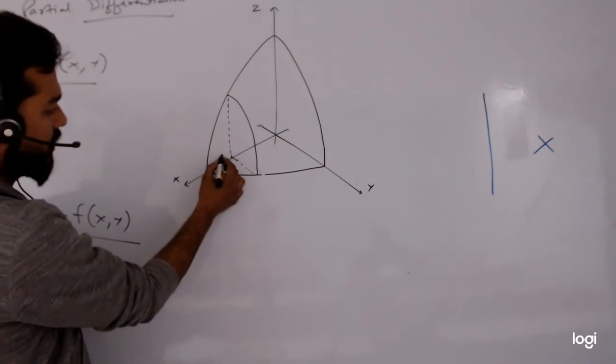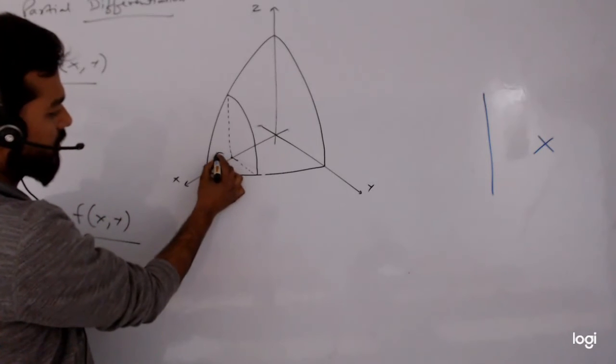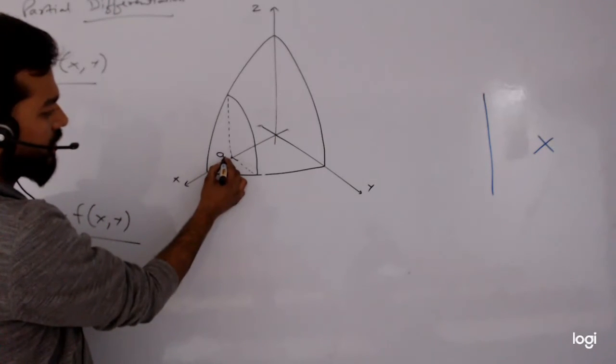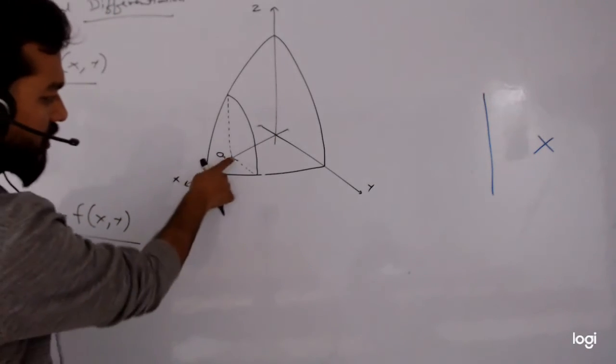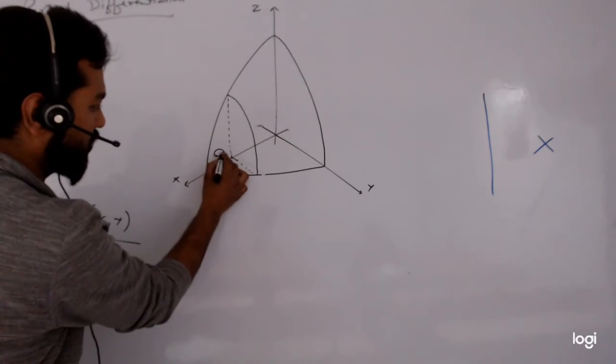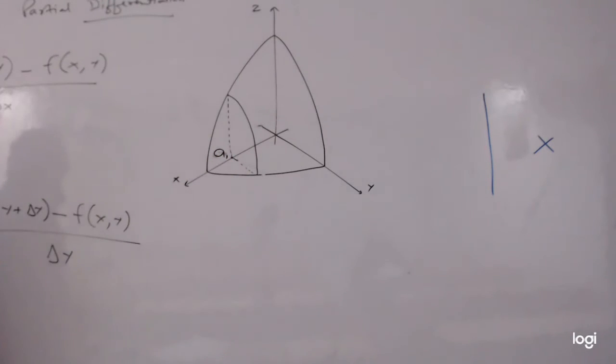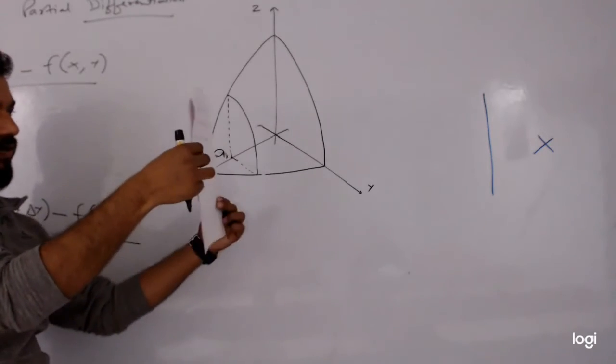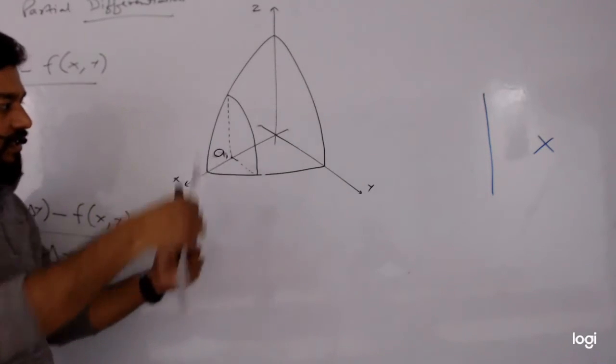Let's say this point here is A1. Let me write it bigger. This is A1. So all across this plane it's going to be like this. It's going to cut the x-axis at A1.